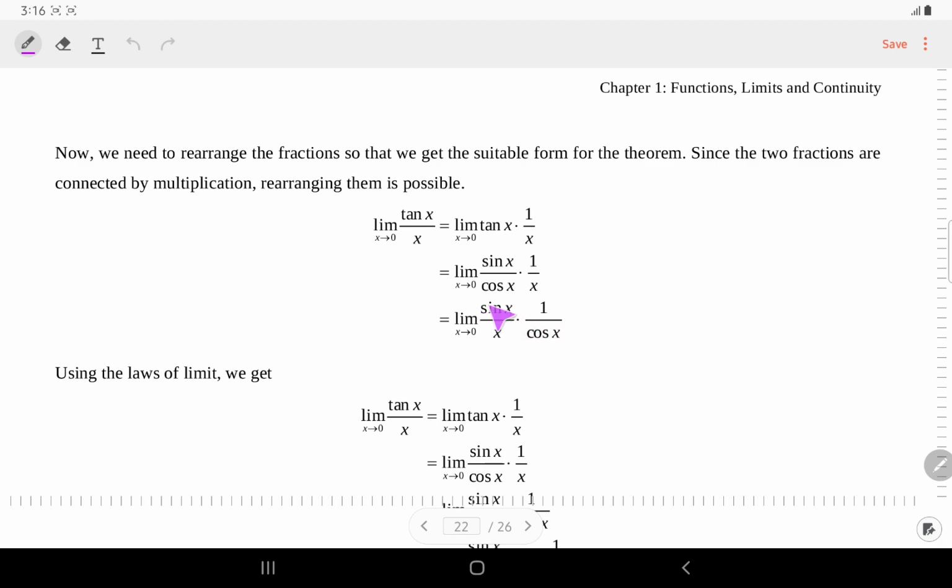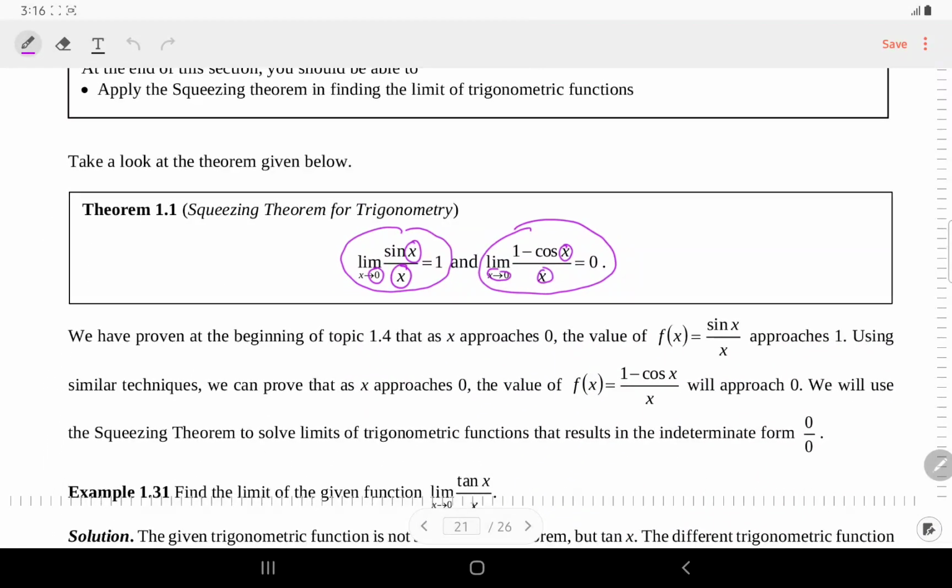Then sin x divided by x. Recall the previous theorem. So we have here sin x divided by x, there is a formula for sin x divided by x. So we will apply this theorem.